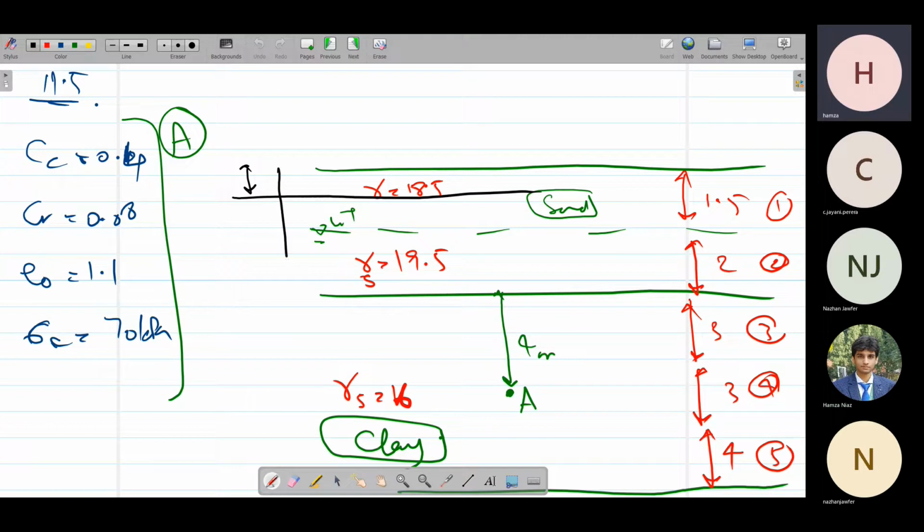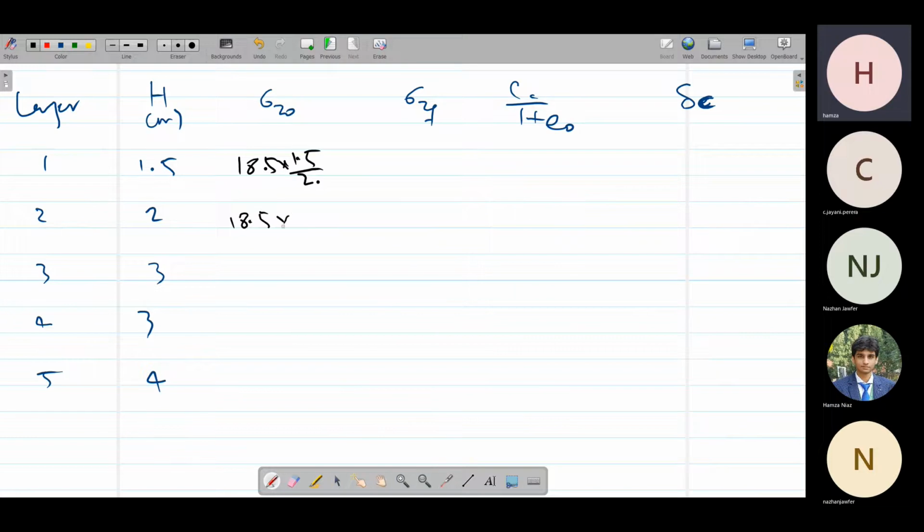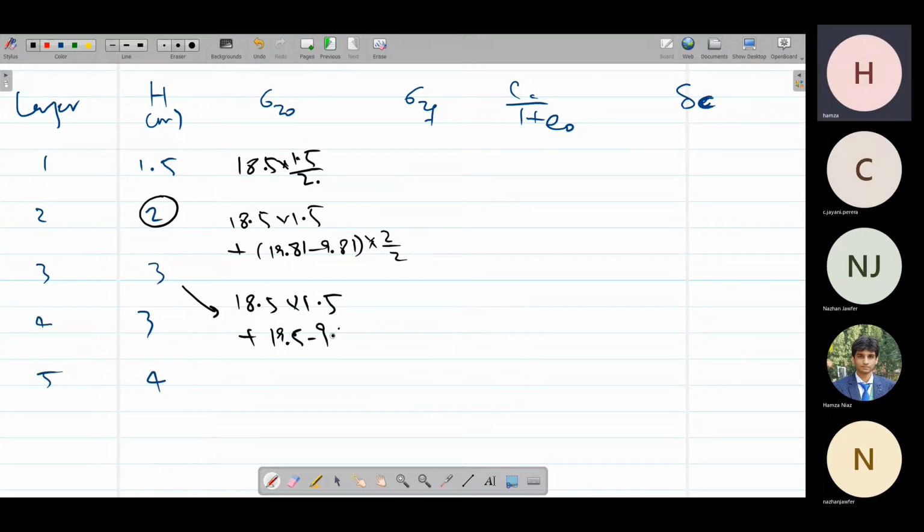For the second layer, we'll get this in the middle of this layer. So the whole first layer, 18.5 into 1.5, plus half of the second layer: 19.5 minus 9.81, because it is under the water table, into the thickness of layer 2 by 2, this half thickness. And in the third case, we'll get 18.5 into 1.5 plus 19.5 minus 9.81 into the second layer thickness, plus 16 minus 9.81 into 3 by 2, this half layer thickness.